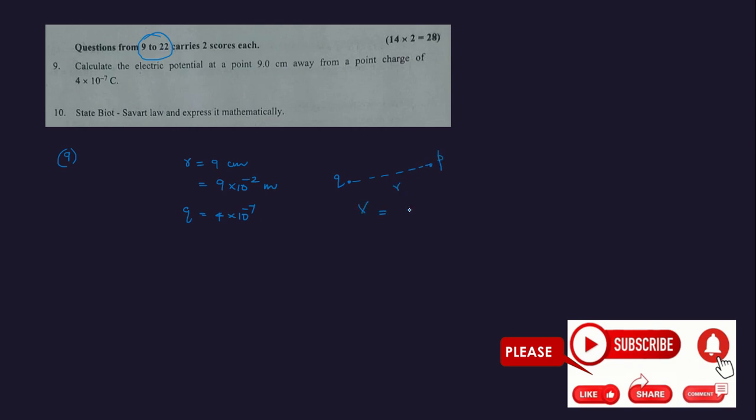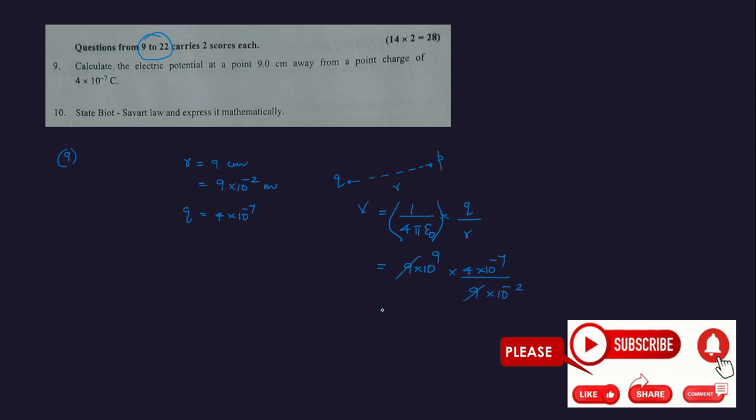We know the simple relation: V equals 1 by 4 pi epsilon 0 into Q division by R, if it is in air. So we take the value of 1 by 4 pi epsilon 0 as 9 into 10 to the power of 9, into the charge 4 into 10 to the power of minus 7, divided by 9 into 10 to the power of minus 2.